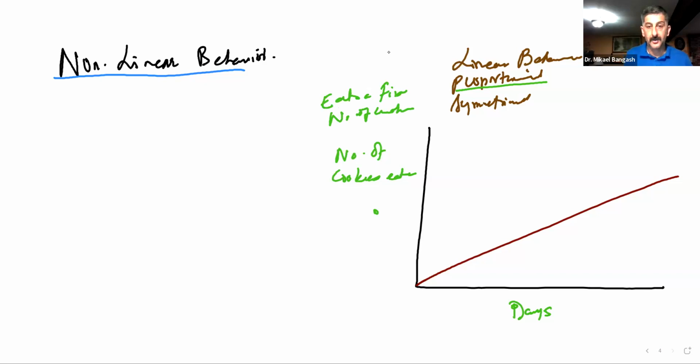Then as you count the days, you ask how many cookies he has eaten. Since the number of cookies that he eats on a daily basis is fixed, when you draft a line between these two, it's going to be a straight line like this.